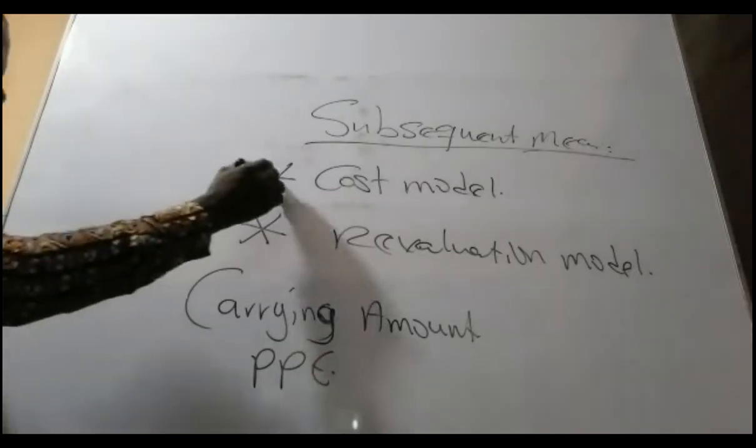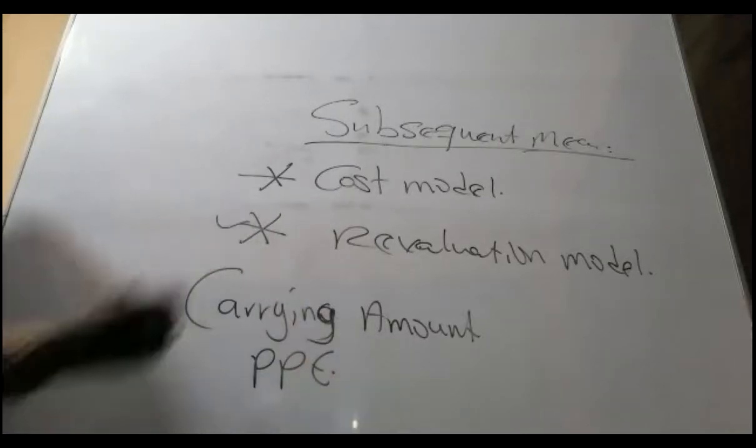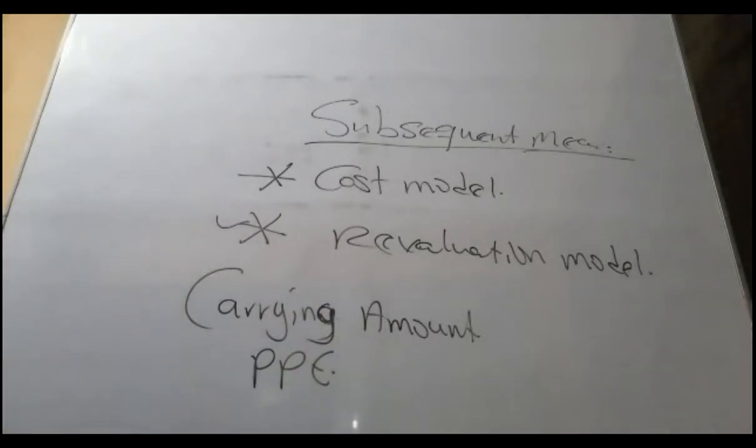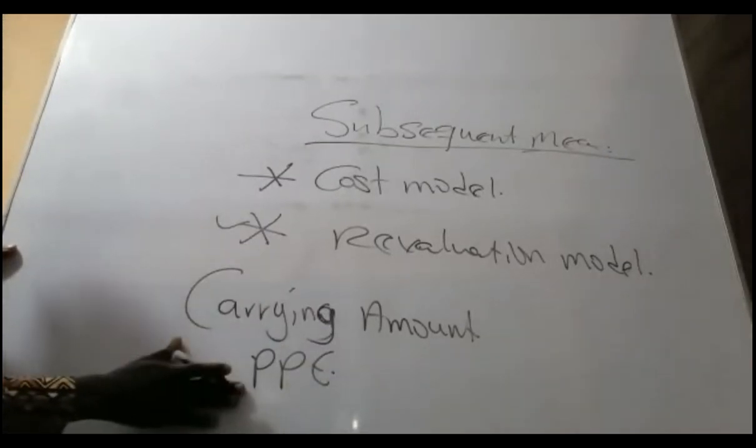We look at the cost model. So today we are going to look at the revaluation model. All of them are looking for the current amount to be placed on the PP.